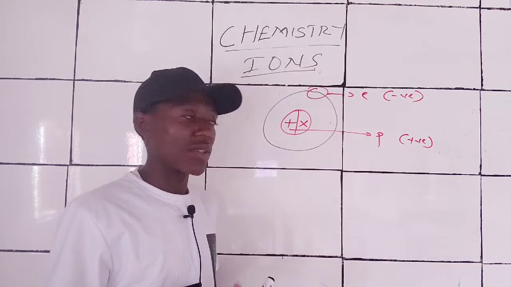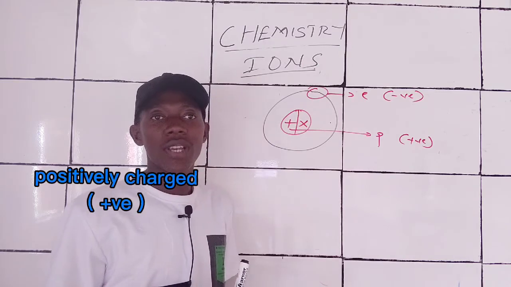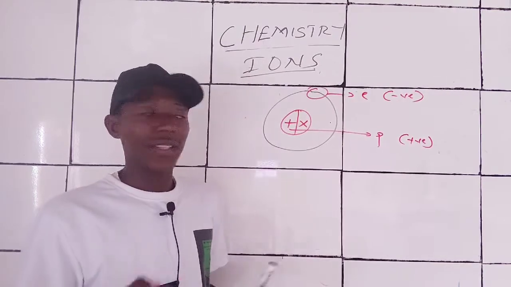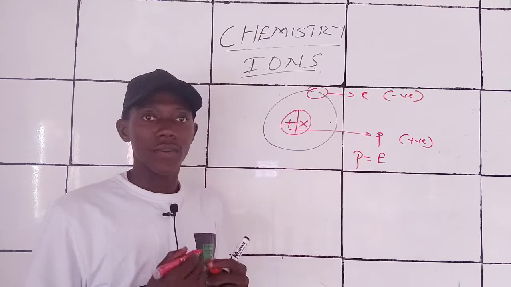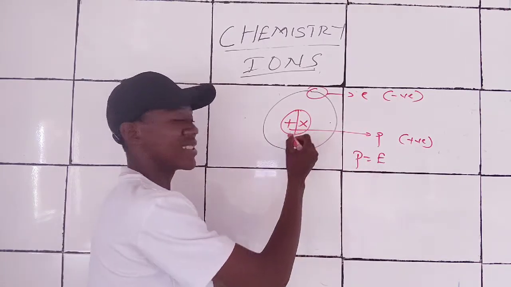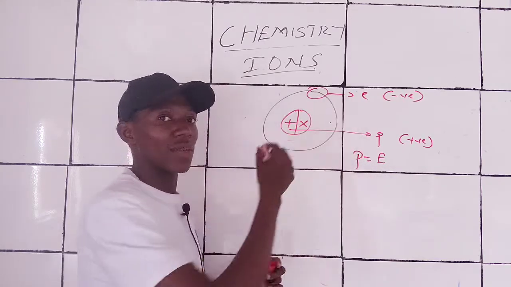But in the course of chemistry, you find out that some atoms are positively charged while some atoms are negatively charged. We have said earlier that the number of protons always balances the number of electrons. Now the proton is embedded inside the nucleus of the atom, while the electrons are the ones revolving around.